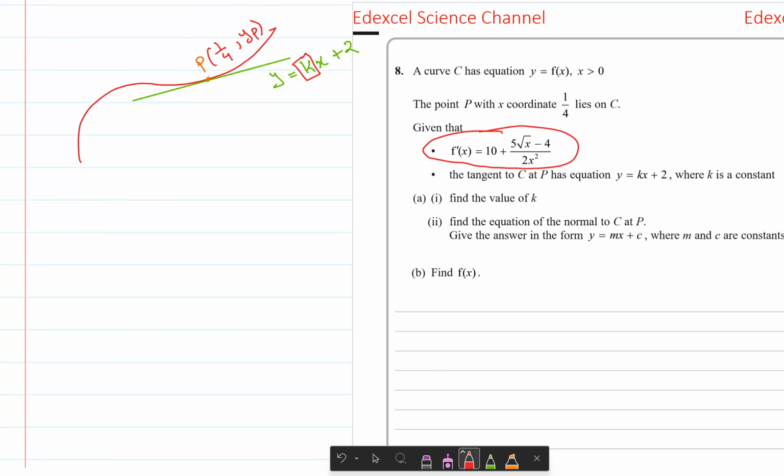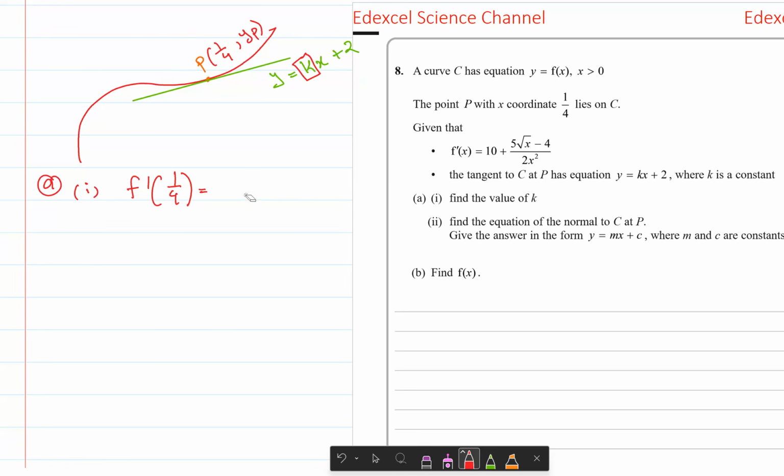So I can say that for part 1, f prime of 1 over 4 is, so what I'm basically doing is, I know the x coordinate of point P, so I can plug that value into our gradient function to find the gradient of the curve at point P, which is going to be equal to the gradient of the tangent.